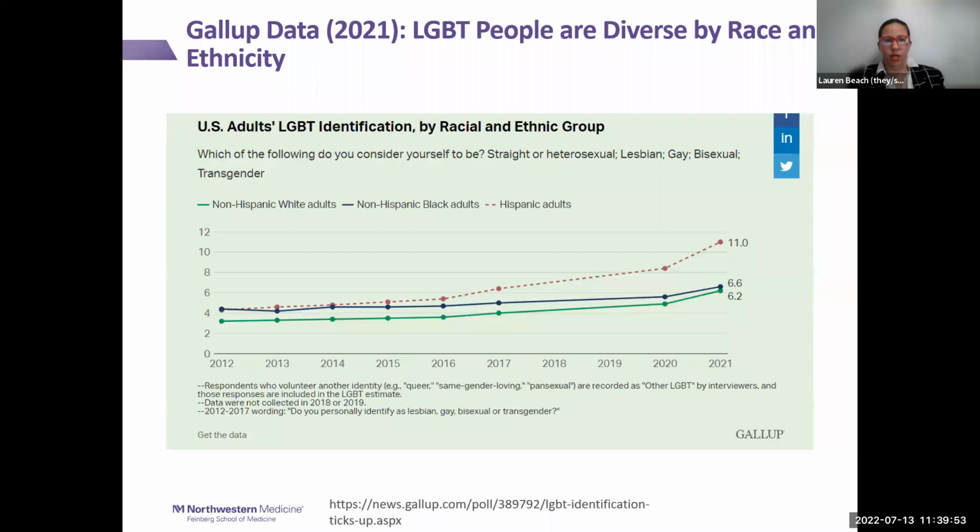And there have been a variety of studies that I'm not going to share here, more convenient sample studies, where bisexual groups or LGBT groups have wanted to look at these intersections of race, ethnicity, gender identity, sexual orientation, and so on. There are studies by the Human Rights Campaign and other community groups that have found that bisexual people are very diverse, that many bisexual people are people of color and are transgender, and the intersections of all of these categories.